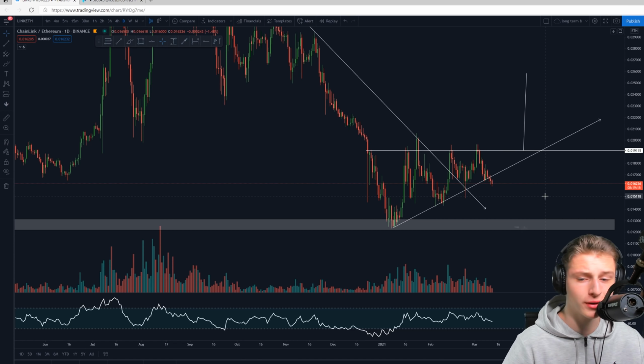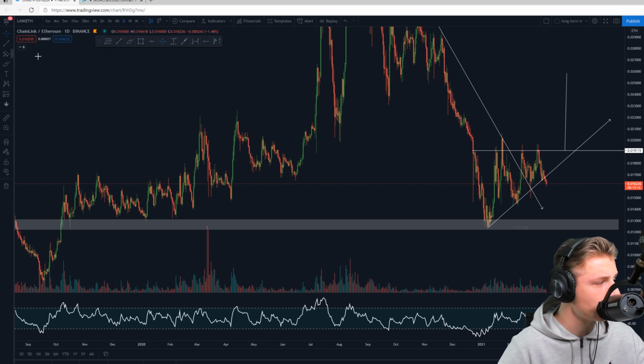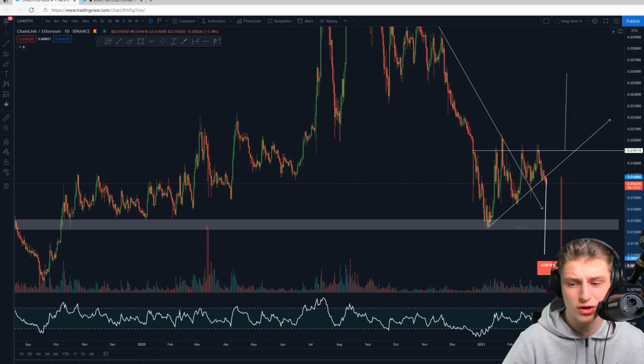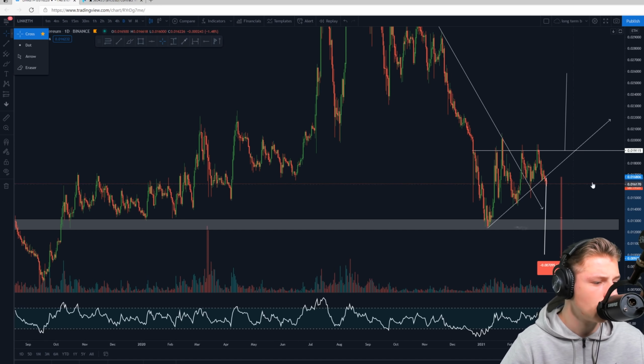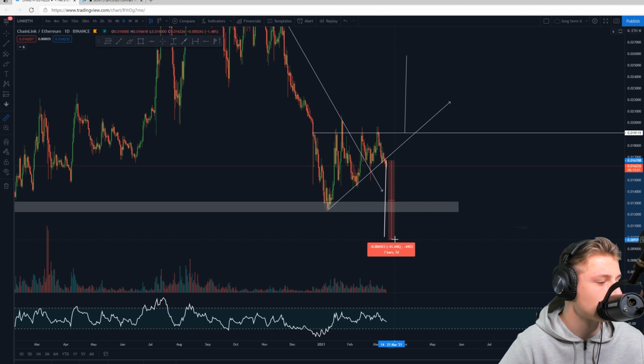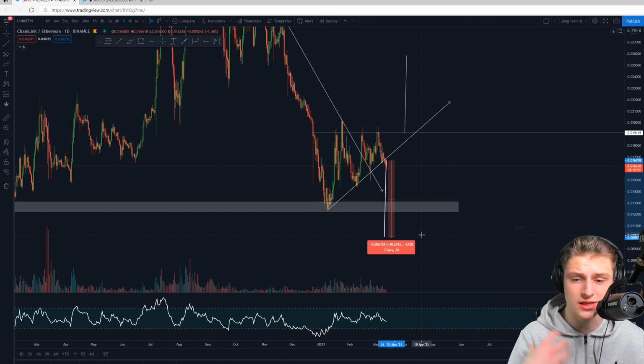What is making me feel that we're probably going to see a breakdown, and the breakdown can be pretty horrible here. We can see a massive red candle anytime soon, and we can maybe see this decrease in valuation compared to Ethereum of approximately 40%. So I will definitely not be looking forward to seeing this play out here.